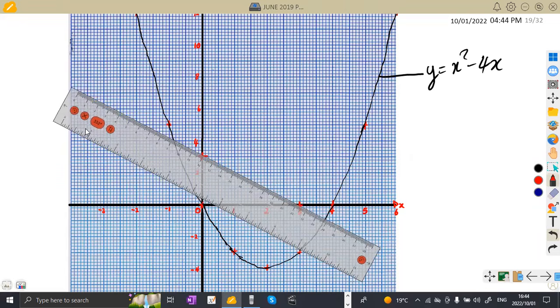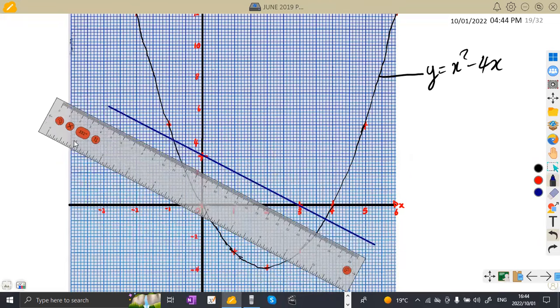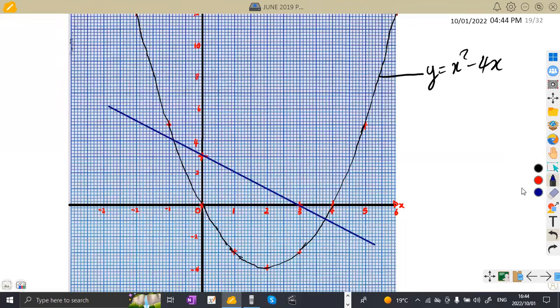Okay, so I'm just going to join now and make sure that it's a little bit long, this line, and you write down the equation of the line on this part. Our equation, remember, is y is equal to 3 minus x. Okay, 3 minus x actually. Okay, so that was the question actually for this one.